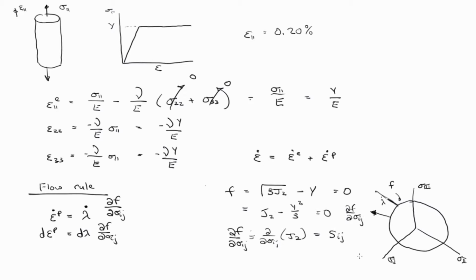So that was a homework problem. And I think most of you got it right, so I won't go over it. I had it in my notes to derive it, but most of you did it right. And it's also in the posted solution, the full derivation. Okay? So then our flow rule could be dEp equals d lambda Sij. Right? Just plugging that in over here.